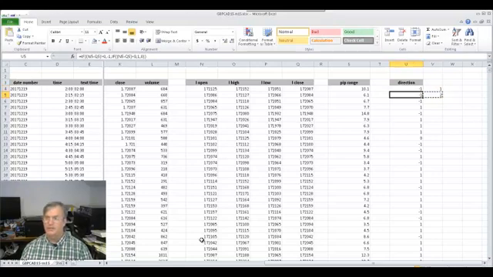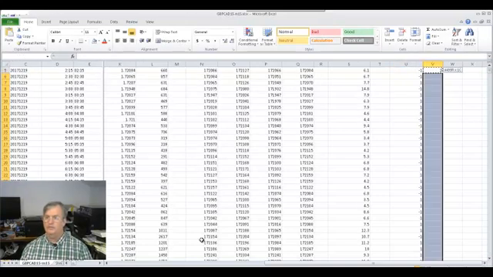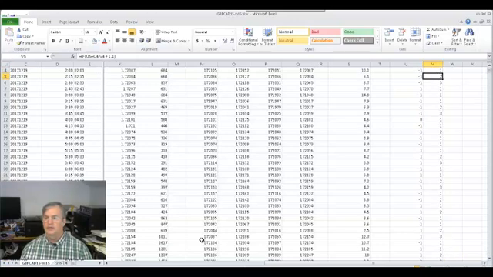I'll copy this formula all the way down. 2 candles that are negative, 3 in a row that are negative, starting over because we have one positive. So we had 3 push down, 1 push up, 1 push down, 1 push up, 2 pushed up, 3 pushed up, then we have an even, then we have down twice.